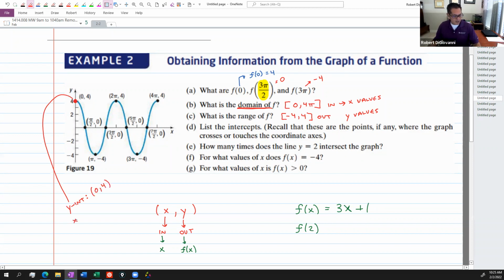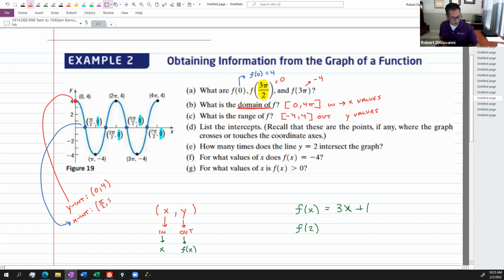And then I have x-intercepts. I actually have a few of them. Those are here, here, here, here. There's actually 4 of them. And all of them have the same condition that the y coordinate is 0 at all of those points. So all I do is list them all out.